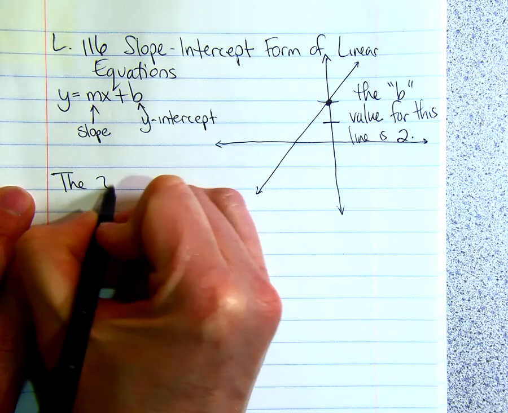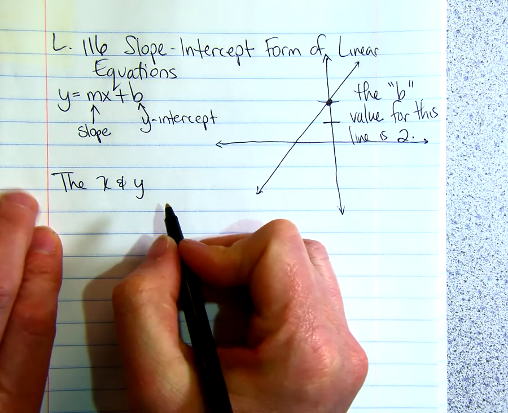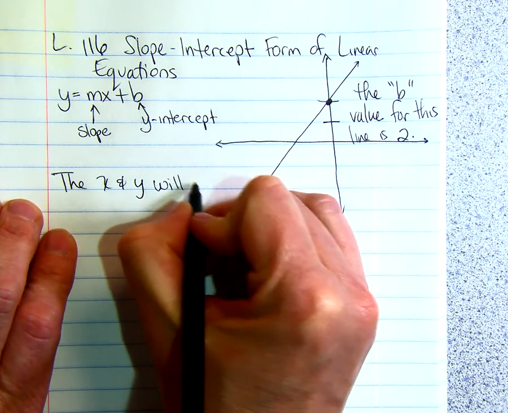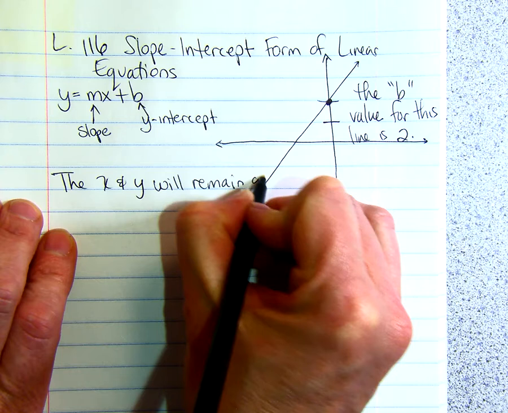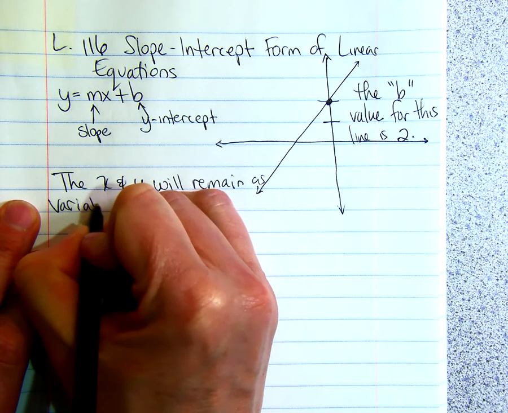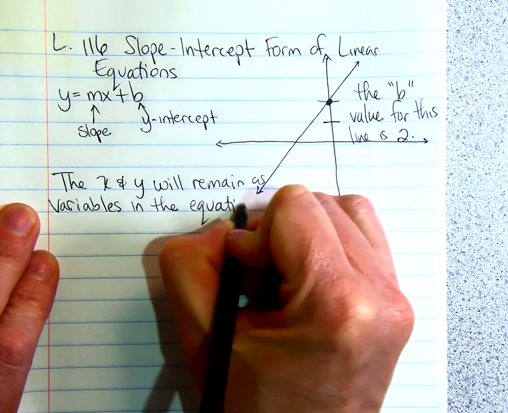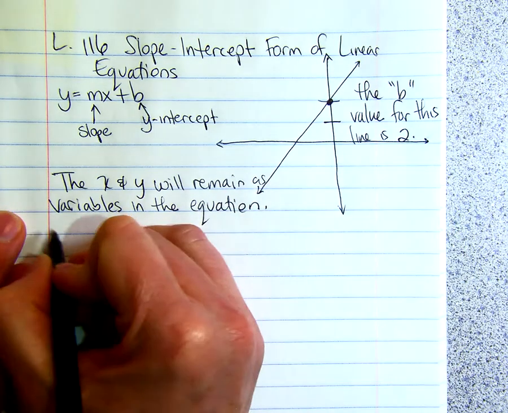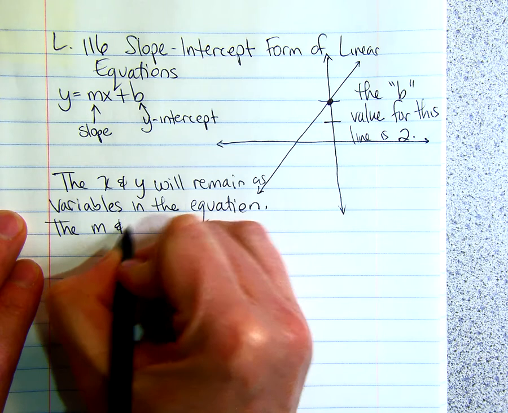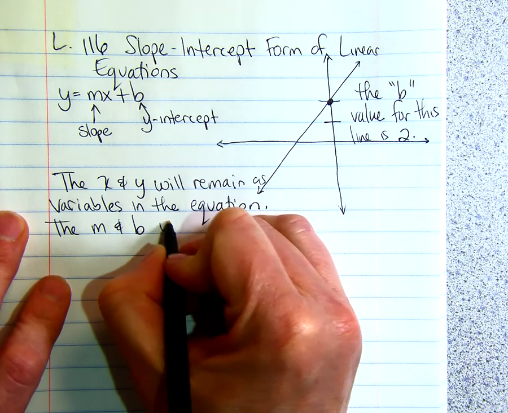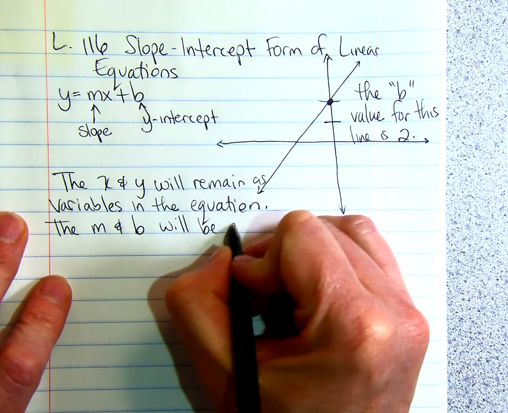The x and y will remain as variables in the equation. The m and b will be constants.